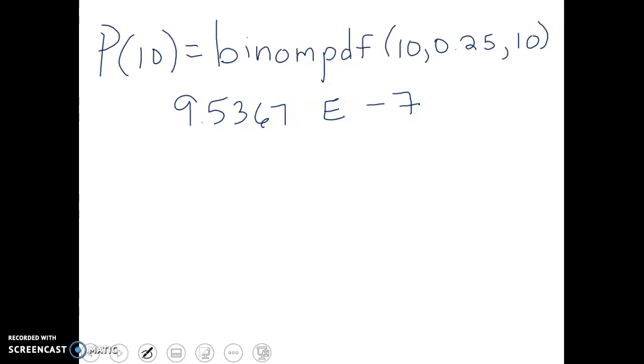Now here's the deal. This number looks bigger than 1, and if you'll remember, probabilities have to be between 0 and 1.